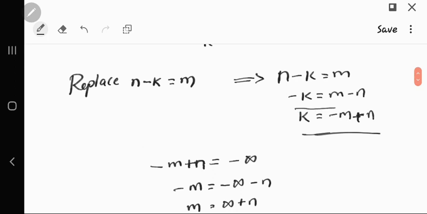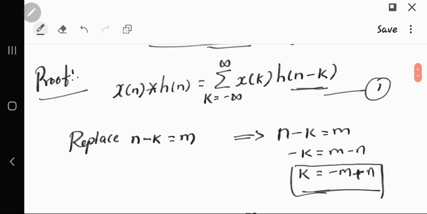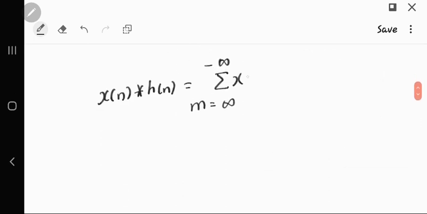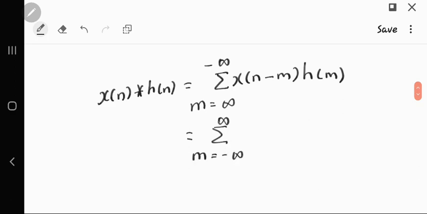So x of k is replaced by x of n minus m, and n minus k is replaced by m, so I get h of m. The limit is varying from plus infinity to minus infinity, but it will not matter, it remains the same. Rewriting the expression, summation m equal to minus infinity to plus infinity h of m x of n minus m.